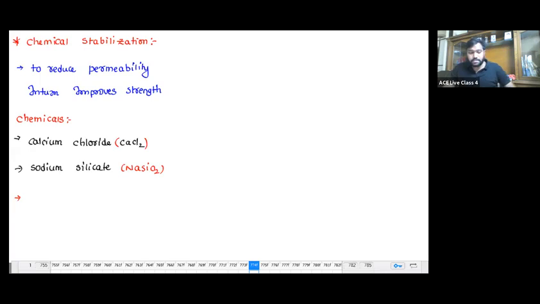Okay, so calcium chloride and sodium silicate. And then we are going to see the other chemicals like lime, Ca(OH)2, and bitumen. So these are the various types of chemicals that we are going to use. First, number one, calcium chloride.